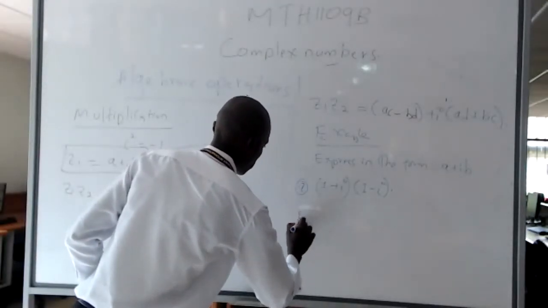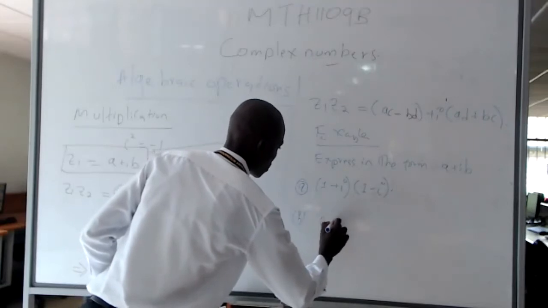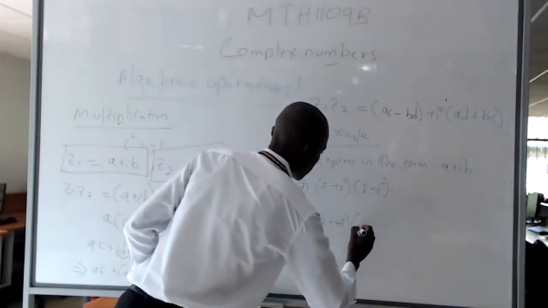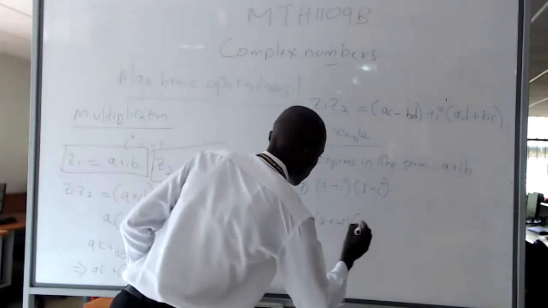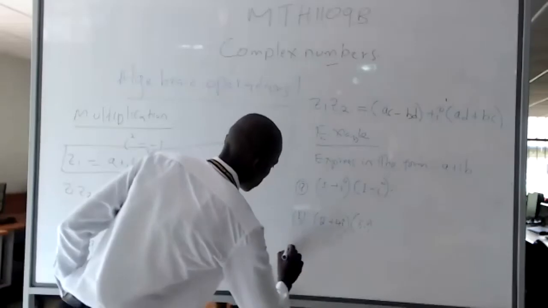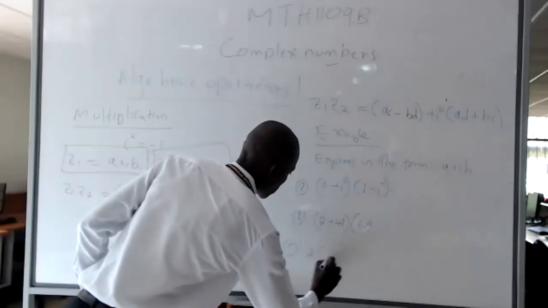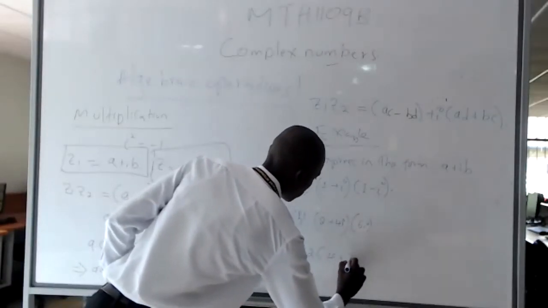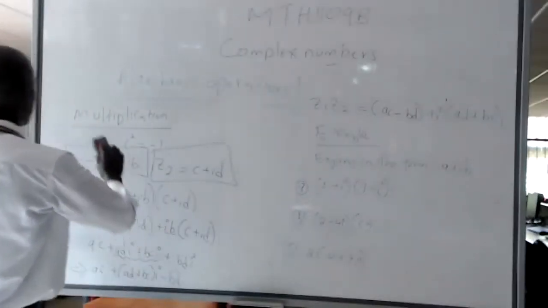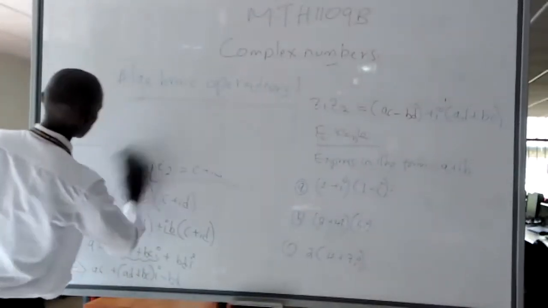So that's A; B, maybe (2 plus 4i) multiplied by 6i; and maybe C, 2 multiplied by (4 plus 7i). Let's look at these 3 examples quickly: the multiplication.